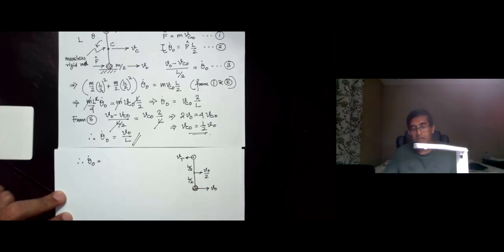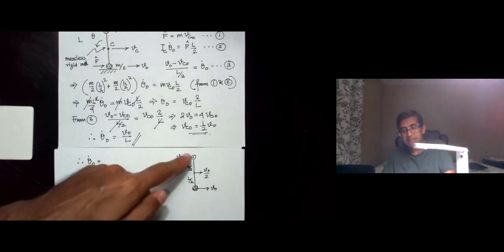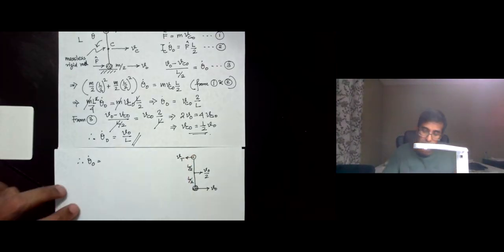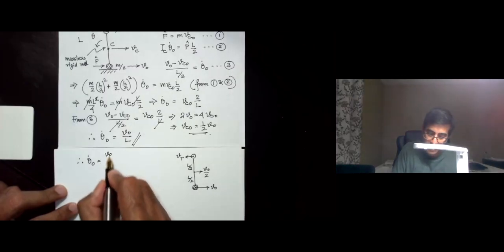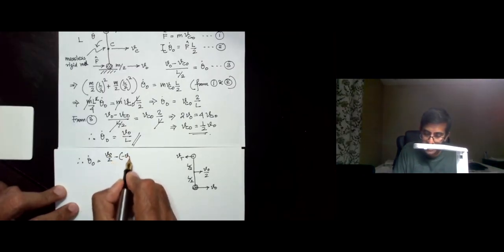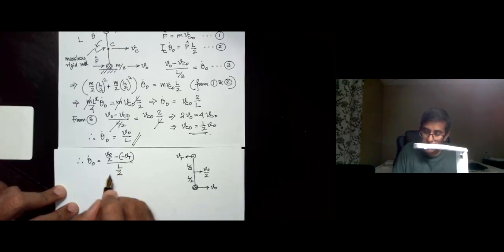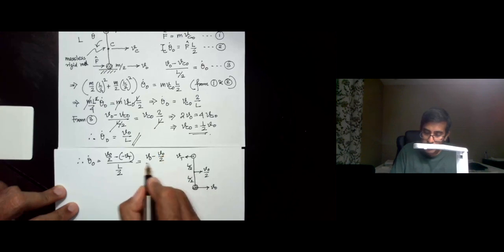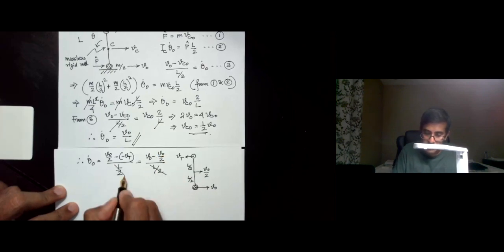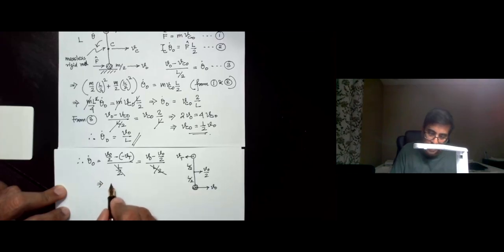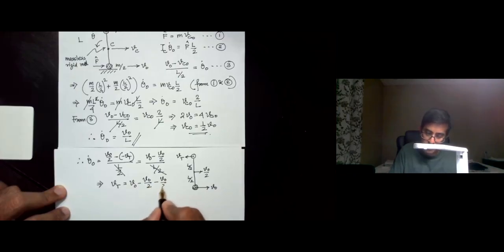If it drops from V naught to V naught over 2 in half the distance, it's going to drop to 0 at the top. But let's just work out the math. It is (V naught over 2 minus Vt) divided by L over 2 equal to (V naught minus V naught over 2) divided by L over 2. We can cancel these two L over 2's, and we have Vt equal to V naught minus V naught over 2 minus V naught over 2, which is equal to 0. So indeed we get the velocity of the top to be 0.